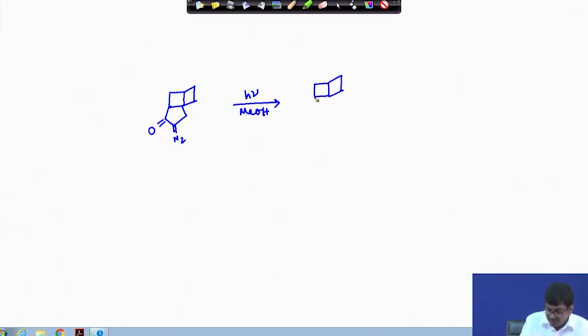As we have already mentioned, first it will generate the corresponding carbene, and then there will be the Wolff rearrangement, generating the ketene.